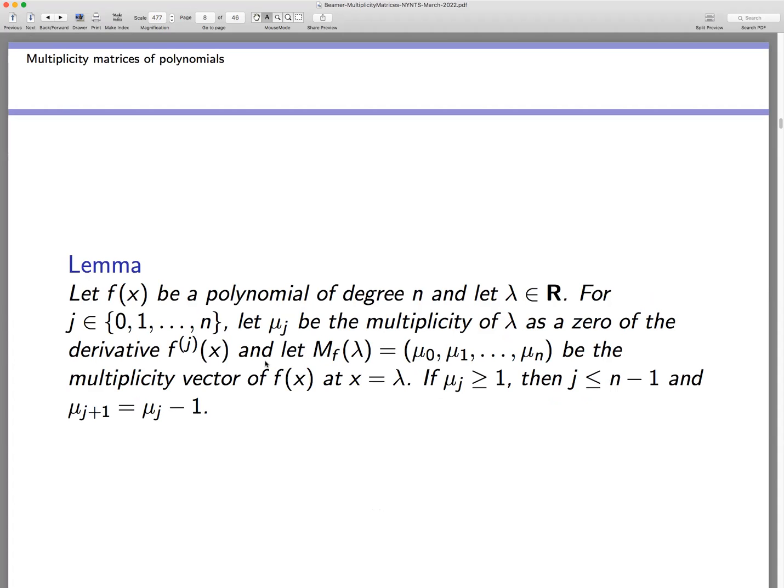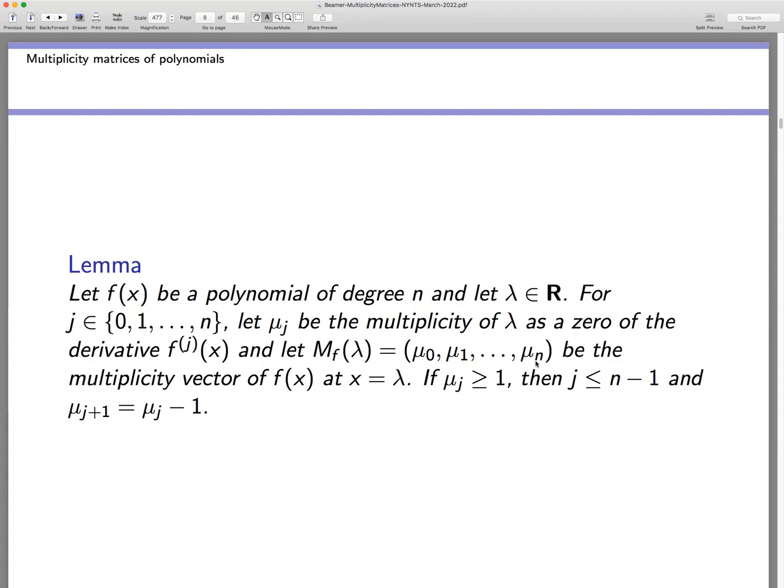Let's see, what does this say? Suppose you have a polynomial of degree n and a real number lambda, and you let mu_j be the multiplicity of lambda as a zero of the jth derivative. So this is the multiplicity vector for f at lambda. If mu_j is not 0, if it's greater than or equal to 1, then j is at most n minus 1.